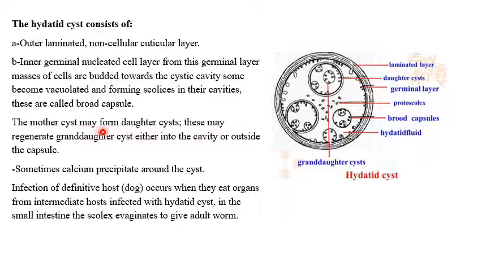The mother cyst may form daughter cysts, as here. These may regenerate granddaughter cysts either into the cavity or outside the capsule. Sometimes calcium precipitates around the cyst. Infection of the definitive host, dogs, occurs when they eat organs from intermediate hosts infected with hydatid cyst. In the small intestine, the scolex evaginates to give the adult worm.